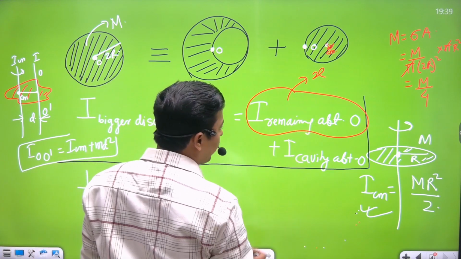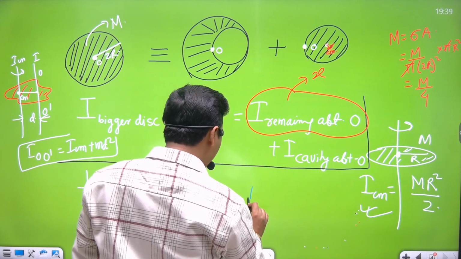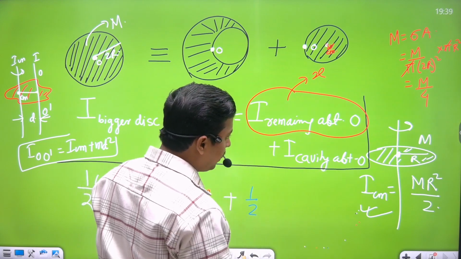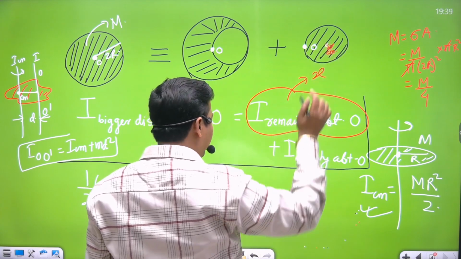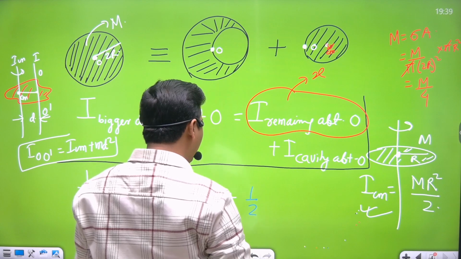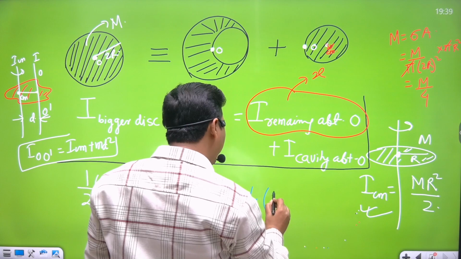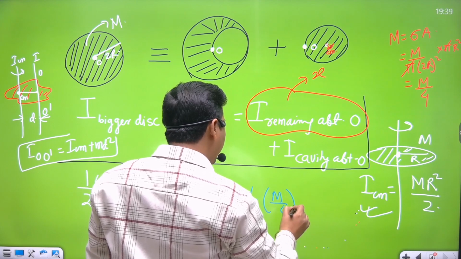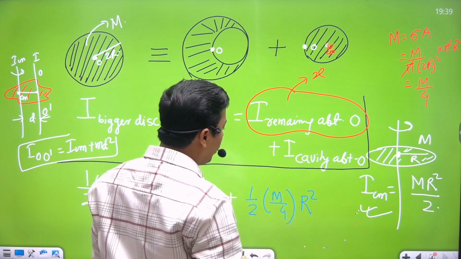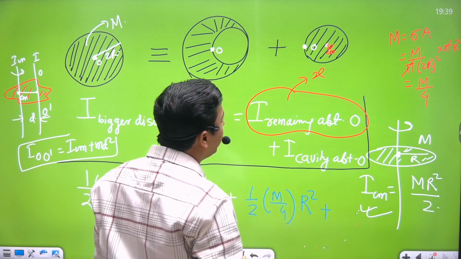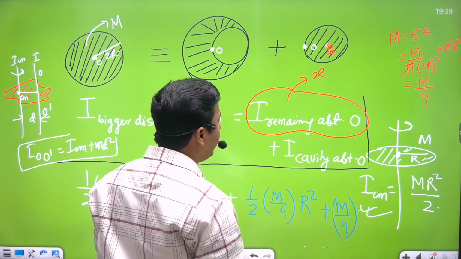So here I will have to write half times the moment of inertia of this smaller disk about its center of mass. It will be equal to half times m r square, and m is equal to M by 4, and r is equal to r, so r square, plus Md square, means M by 4 into d square, and d is equal to r.